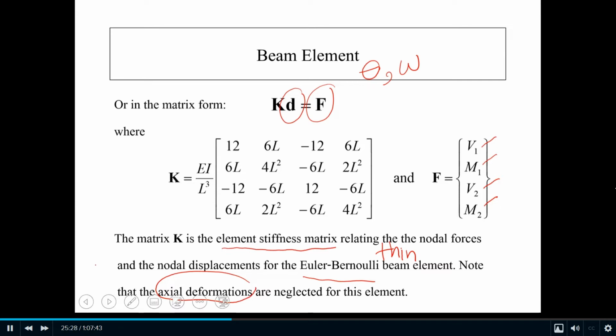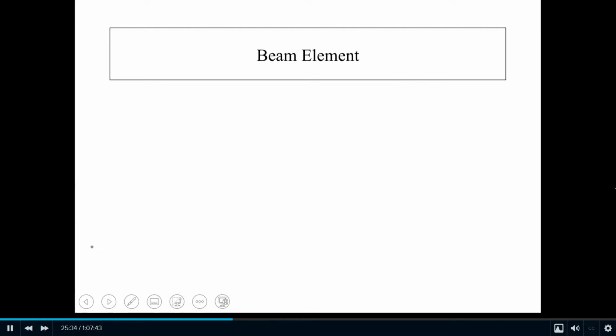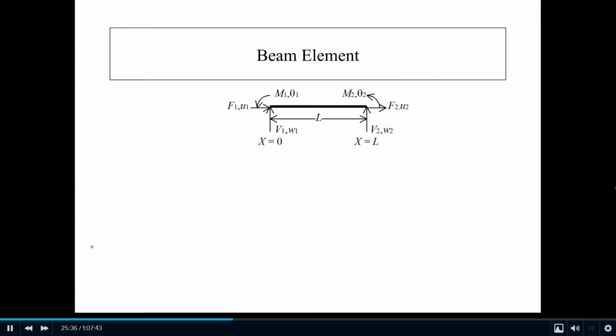If you want to include the axial deformations, that can be done really easily. Your element will look like this one. For each node, you would have 3 degrees of freedom, so each node involves 3 nodal variables. In addition to theta and W, you would add the axial displacement at that node also.